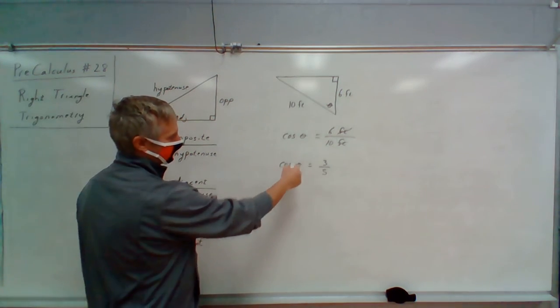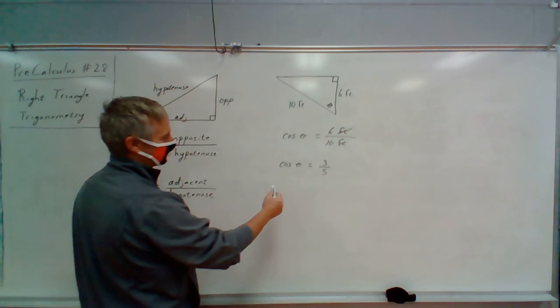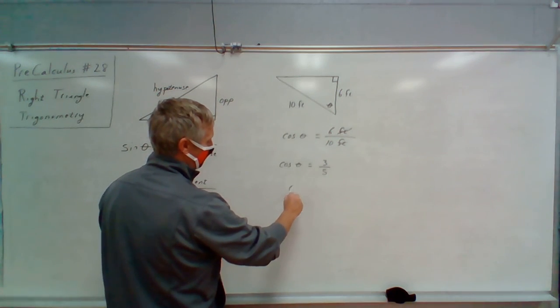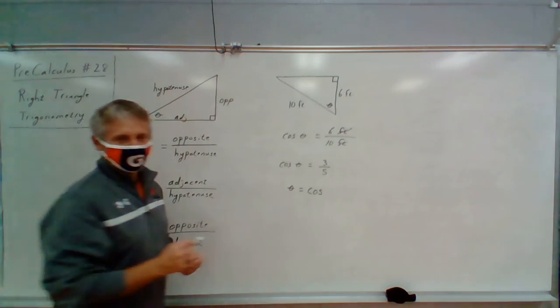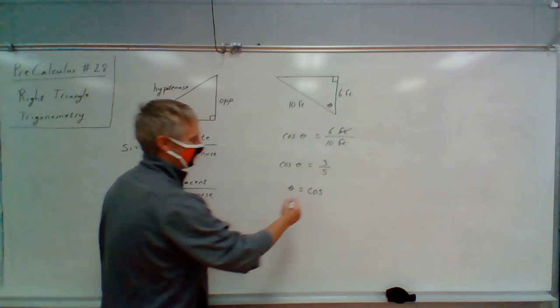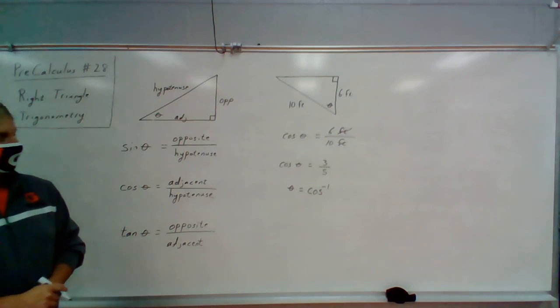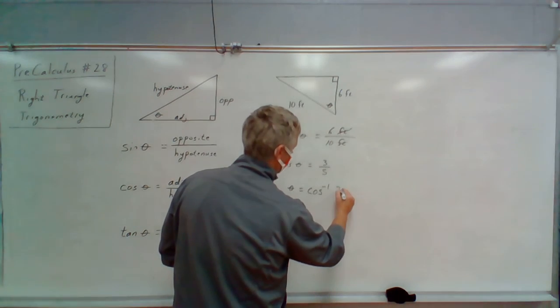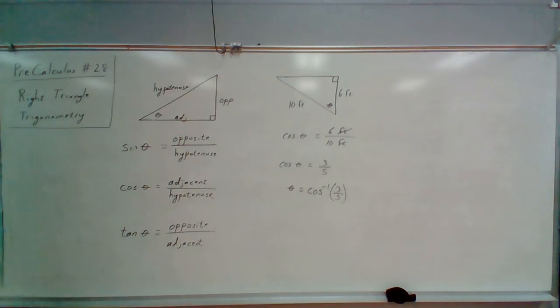So to find this theta, I'm going to do the inverse cosine of both sides of the equation. So when I do that, I'll get theta equals the inverse of the cosine, and we're going to represent that with this little symbol here. We're going to put a -1 up there. So the inverse cosine of 3/5.